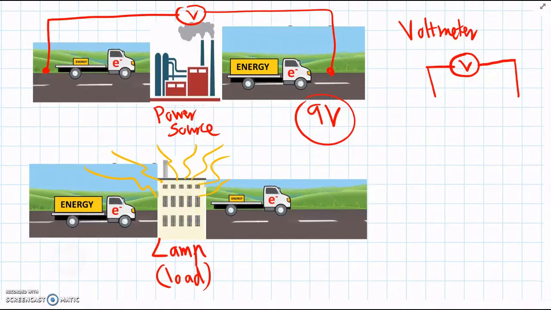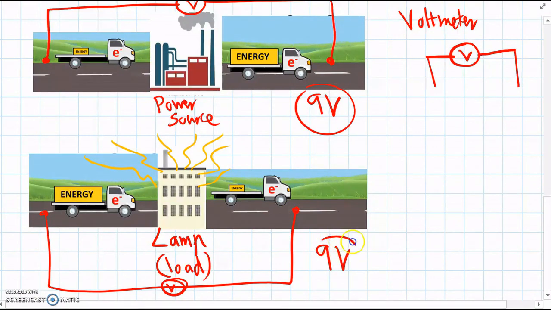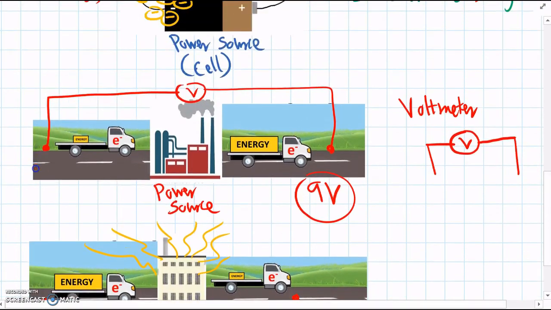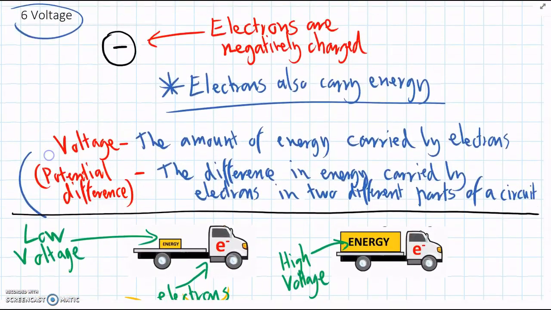So if we hook up a voltmeter, in this case, on each side of the factory, then we're going to be measuring the energy is being lost. And again, this would be something like 9 volts of energy is lost. So voltage is all about how much energy is carried by electrons.